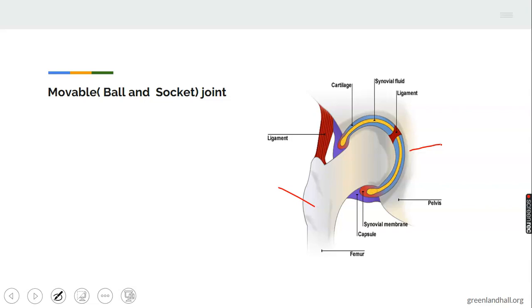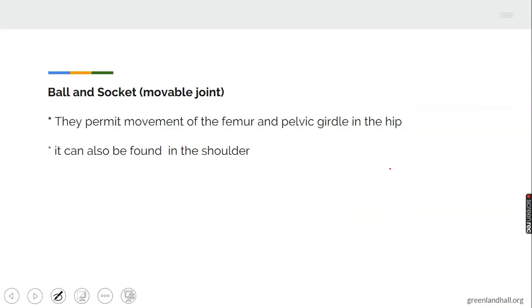The head of the femur here articulates with the socket to provide a movable joint in a circular direction. The ball and socket joint permits movement of the femur and the pelvic girdle in the hips. That is, you can find ball and socket joints at the shoulder and the hip.